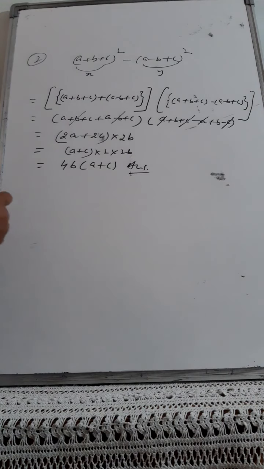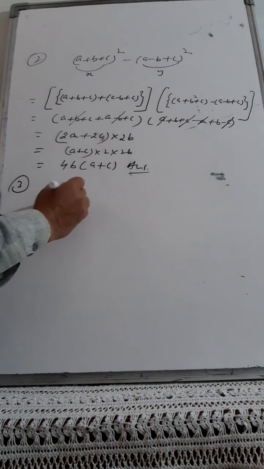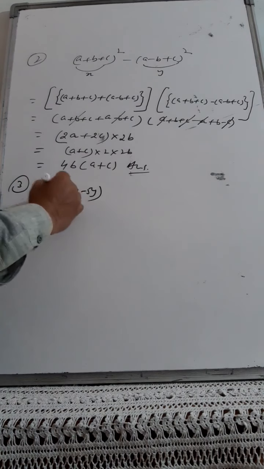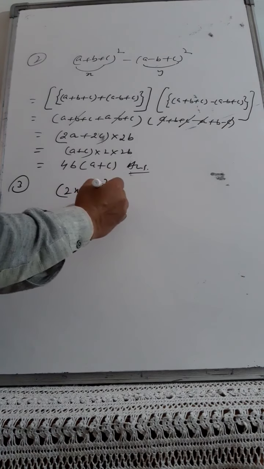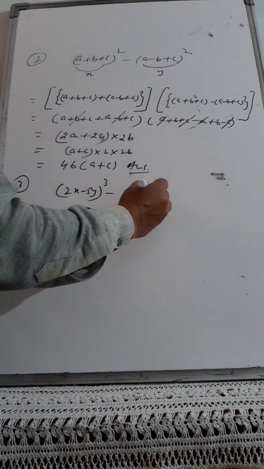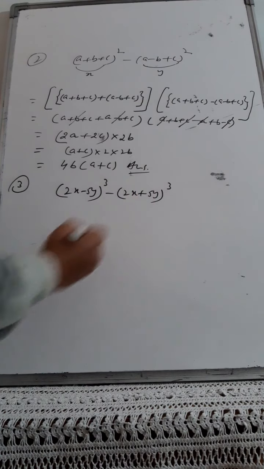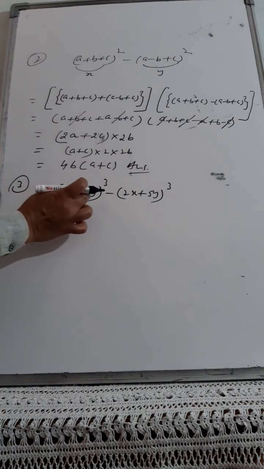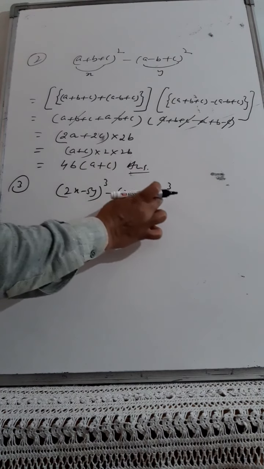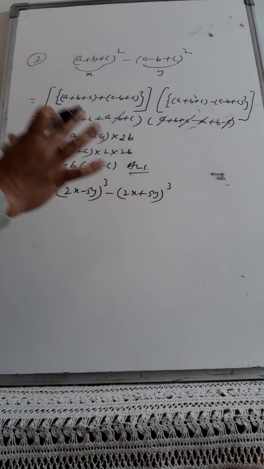And then it was number 3 somewhere. Factorize (2x minus 5y) whole cube minus (2x plus 5y) whole cube. Now this also you can expand either in terms of (a minus b) whole cube or (a plus b) whole cube, and then take the difference of those two.